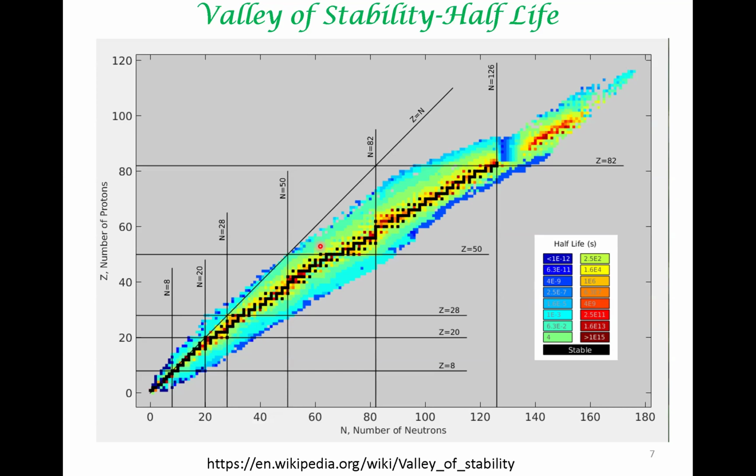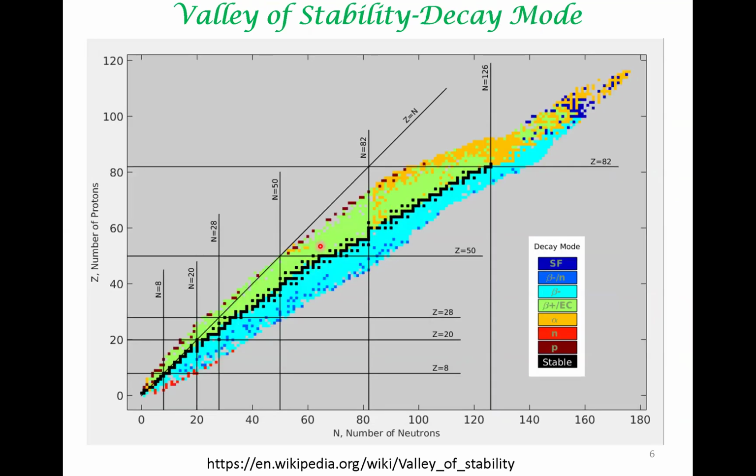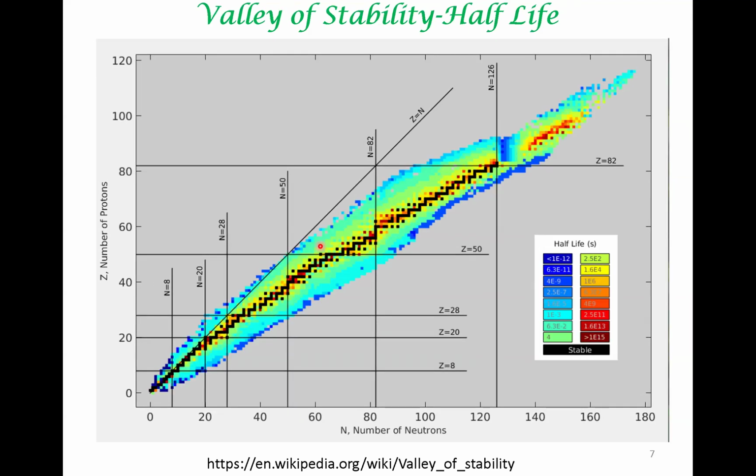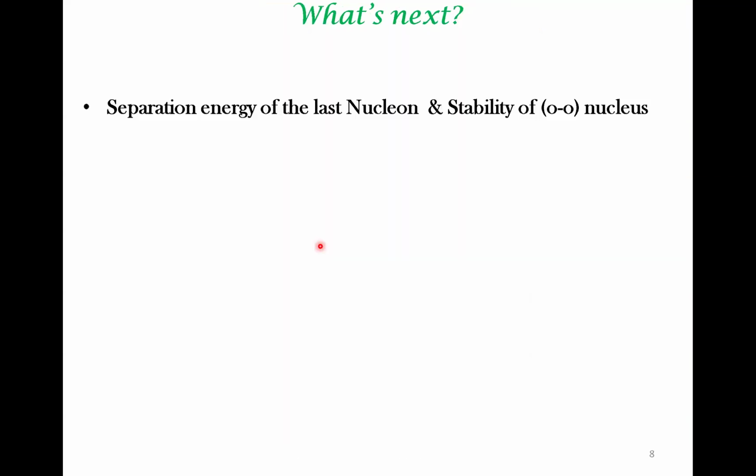Okay, so all these three features, that is the binding energy behavior, the decay modes, and trends in lifetime, are fairly important. They give you a big picture regarding the stability of nuclei as a function of Z and N. In the next lecture, we will look at another feature related to the energy required to separate the last nucleon, either a proton or a neutron.